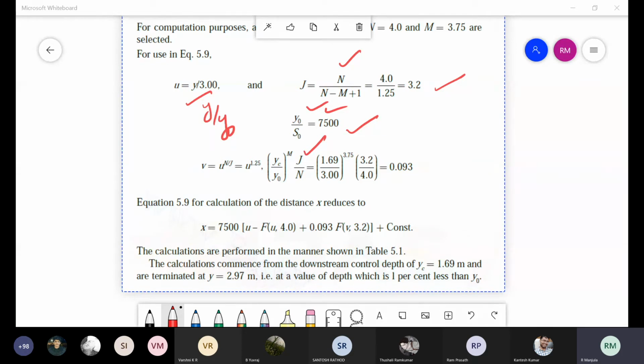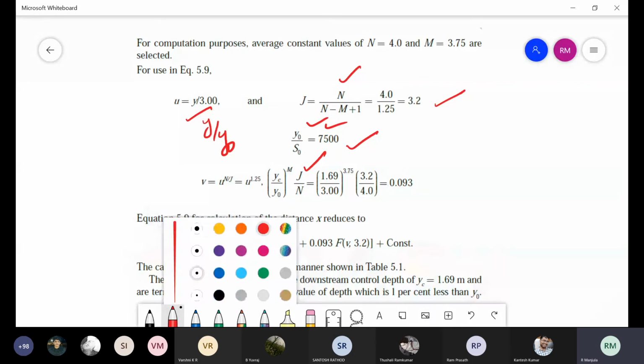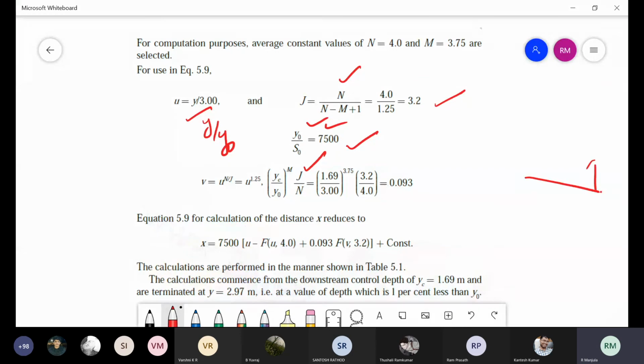How the calculations are performed in the table: you have to commence from the downstream control depth, yc, which is 1.69 meter, because your yc is going to be on the downstream side. Your critical depth is 1.69 meters, and it is terminated here. Sorry, 3 meter is the normal depth.